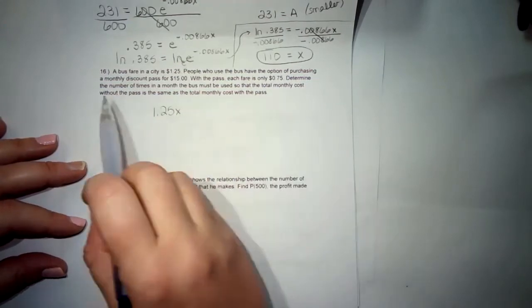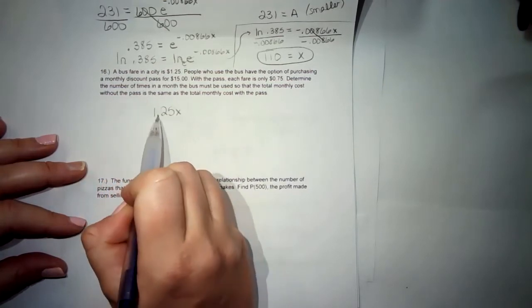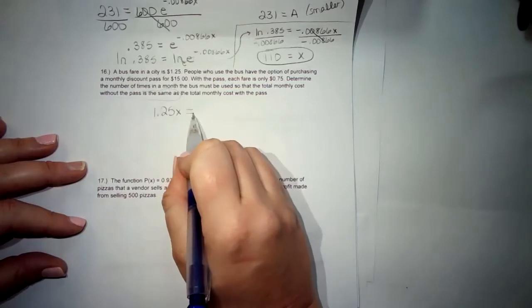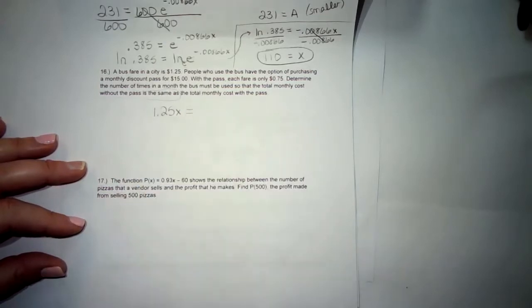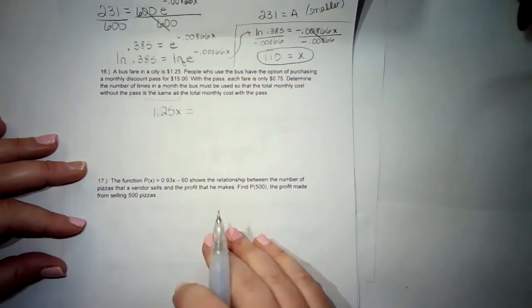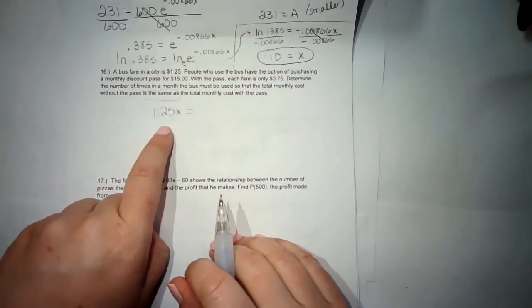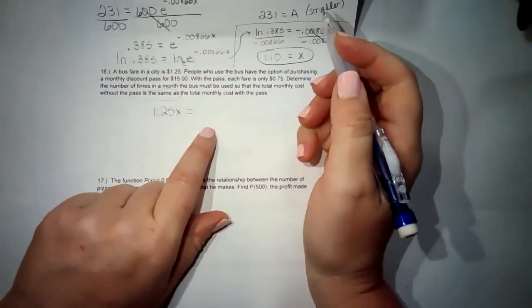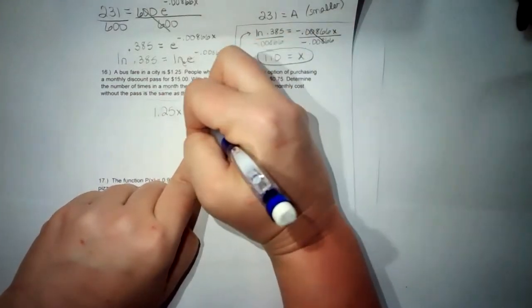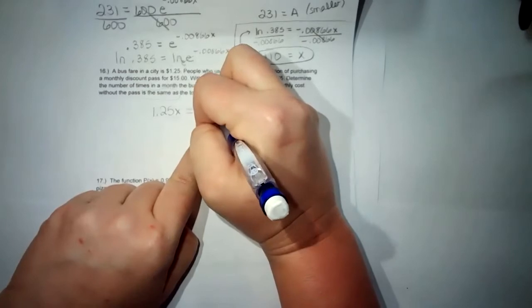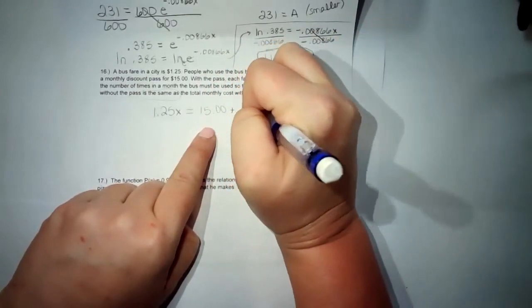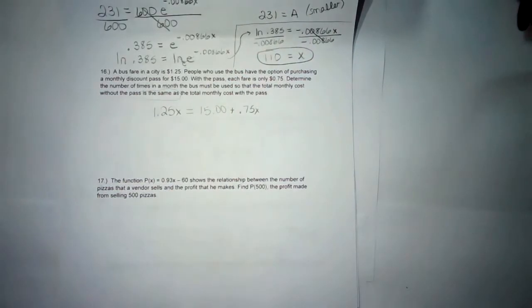So the total monthly cost without the pass is the same as the total monthly cost with the pass, okay? So this is without, you're just gonna write the number that they give you times X. With the pass is gonna be the pass plus how much it costs to ride the bus each time, okay?